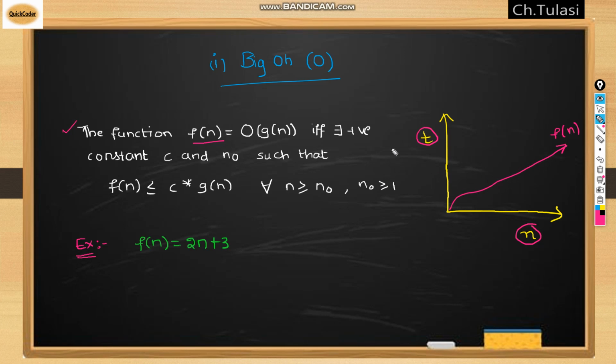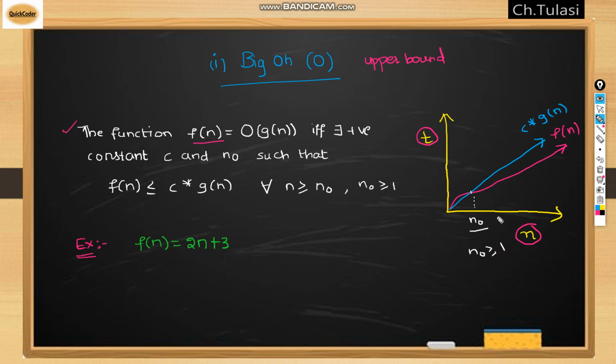As I said, big O notation is like an upper bound. You should find some upper bound to this. For example, I'm drawing it like this, and this is an upper bound, c into g of n. There is some n naught here, where n naught is always greater than or equal to 1, because our input should be at least 1.